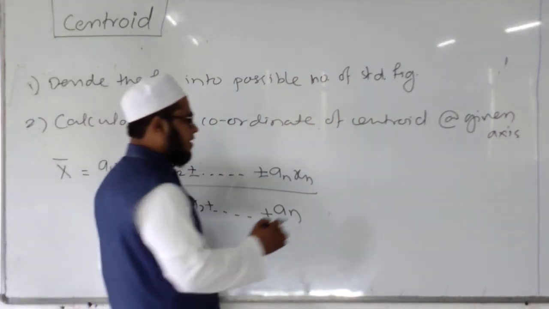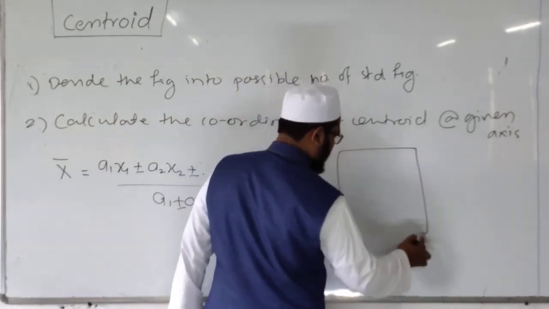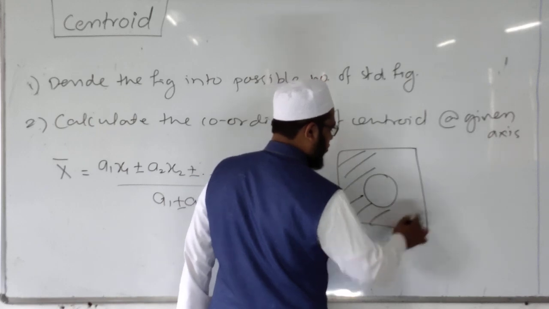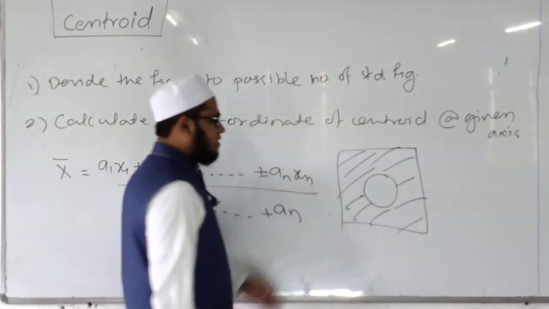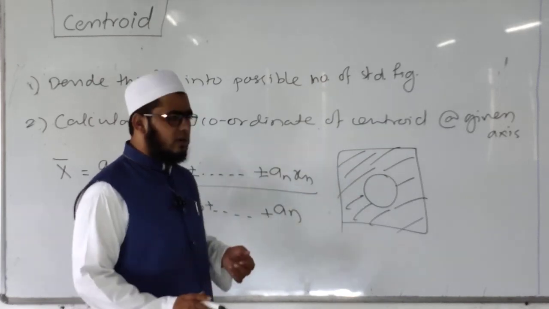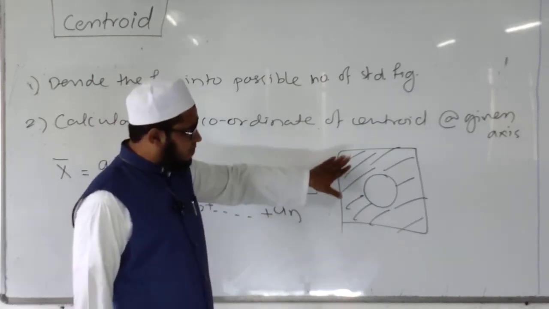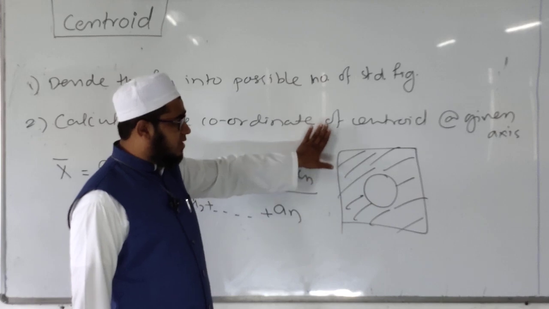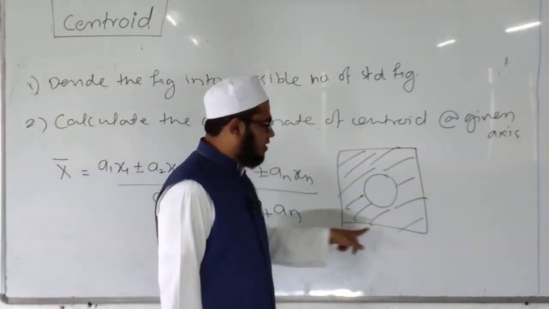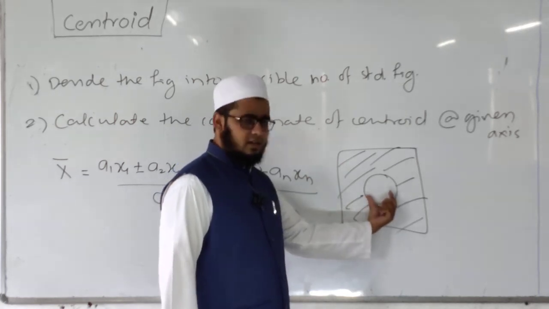In some problems, the figure may be like this, a plate with a circular hole. Then for this irregular figure, we have to find the centroid. We will divide this irregular figure into standard figures. Very easy. Here it is a rectangle and a circle.